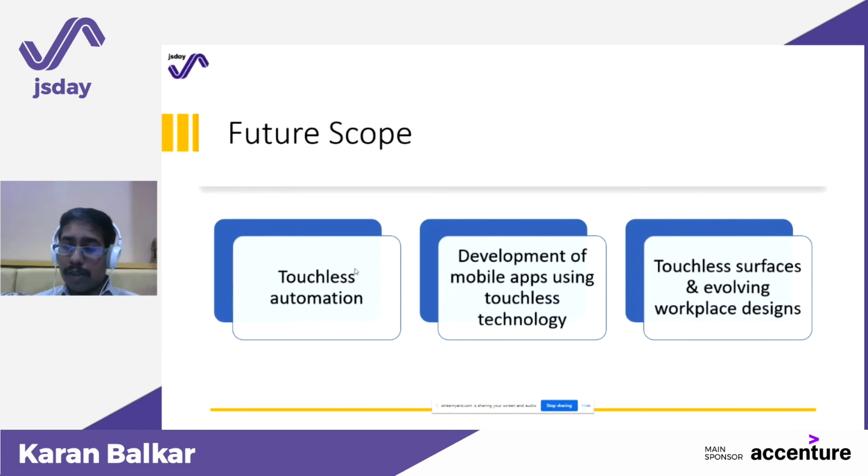A lot of work has been done on creating touchless surfaces, which help make the work environment touchless and take care of hygiene and so on. So this is about the future scope of touchless surfaces and touchless technologies as well.